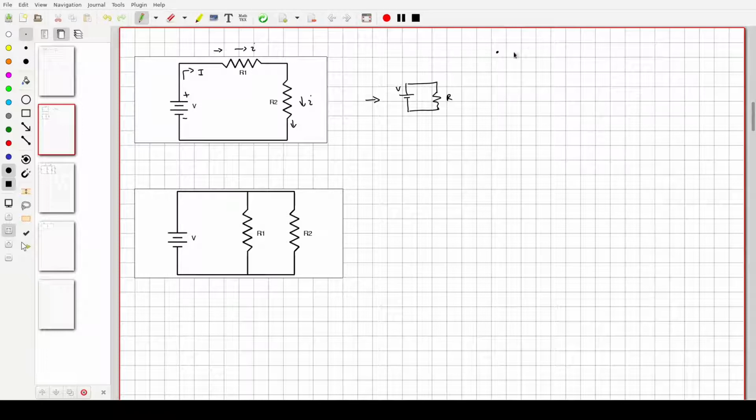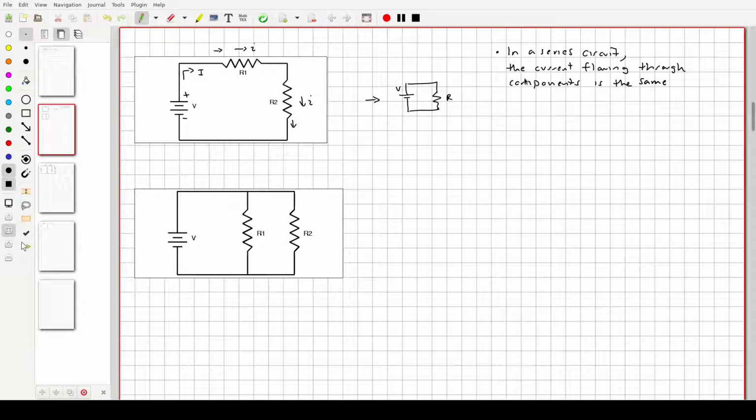So in a series circuit, the current flowing through components is the same.